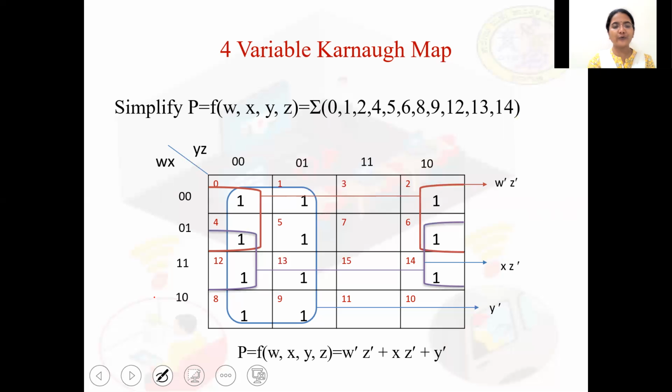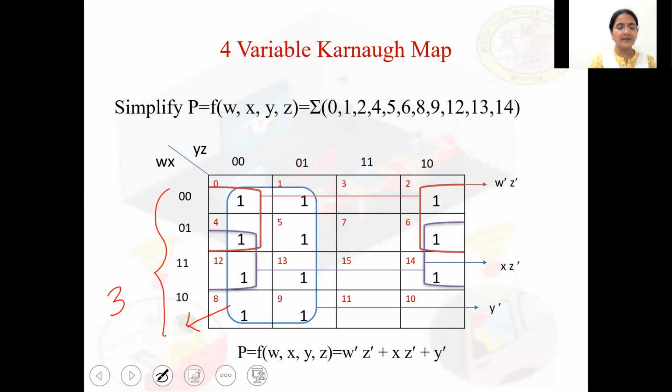Here 0, 1, 4, 5, 12, 13, 8, 9 are the larger group possible, okay, where we can group 8 number of cells. This makes one octet and we are able to eliminate 3 variables from this group. So what is the term we will get here?